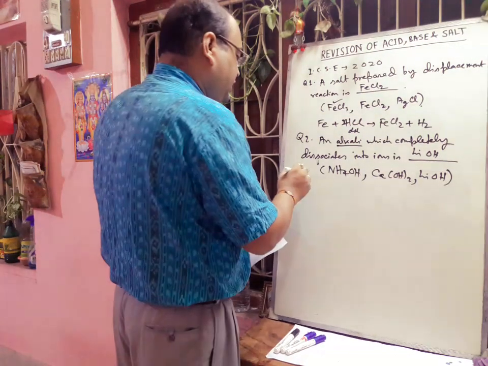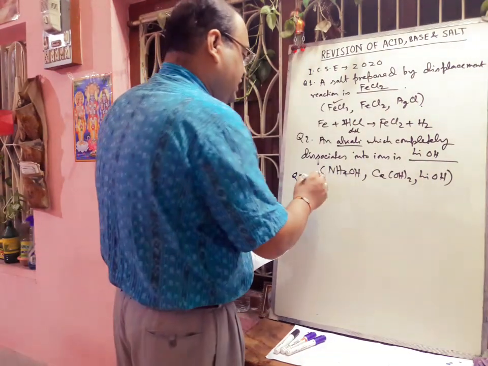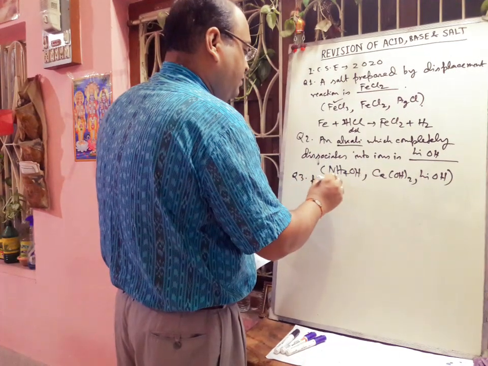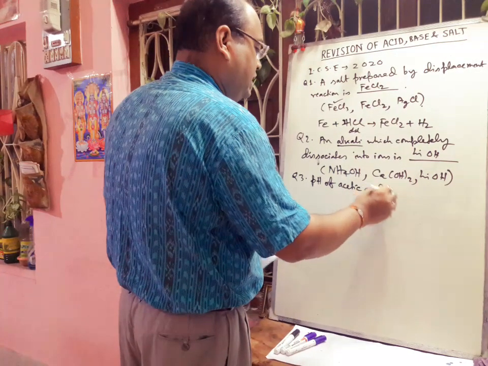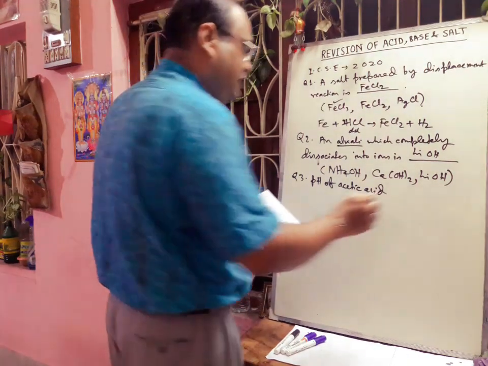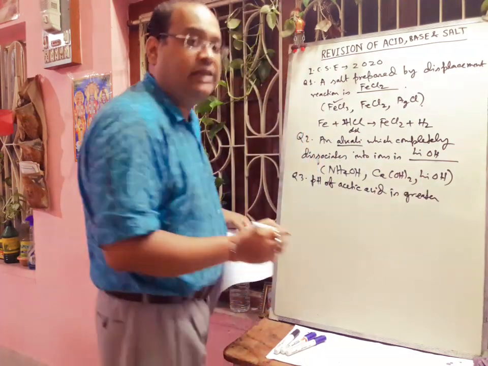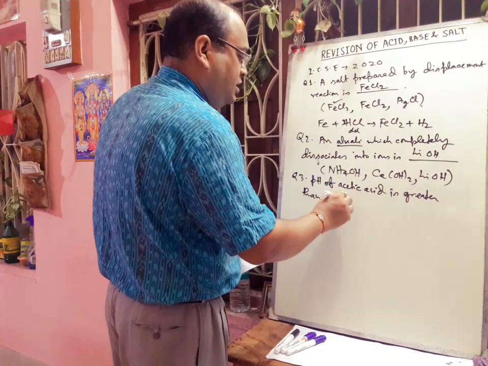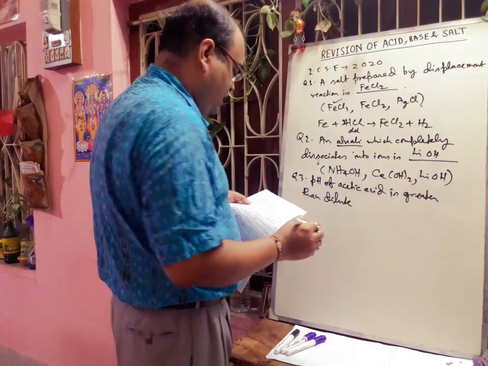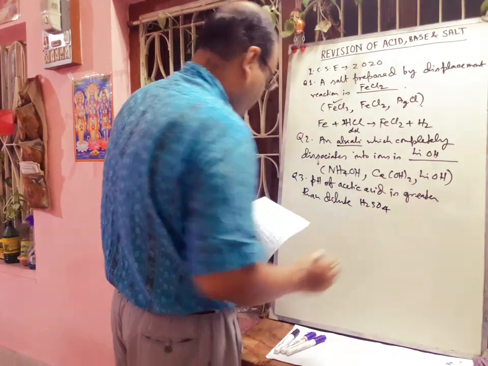Next, question number 3. The pH of acetic acid is greater than dilute sulfuric acid, H2SO4.